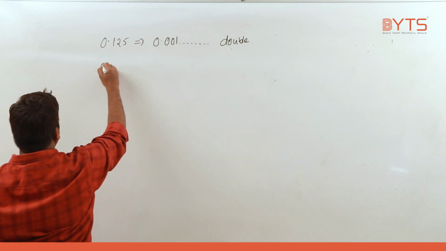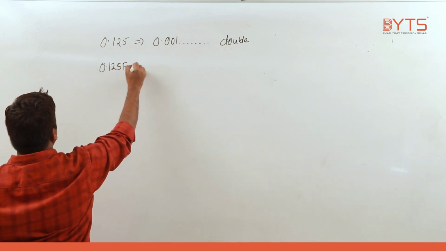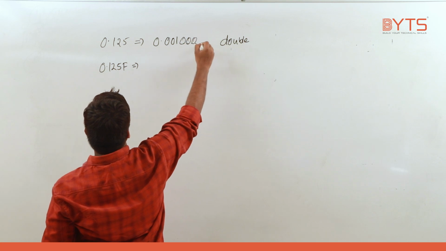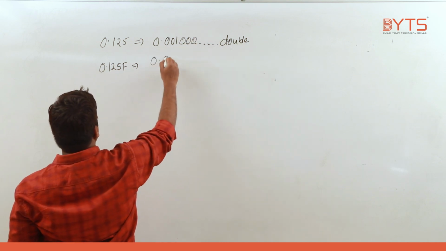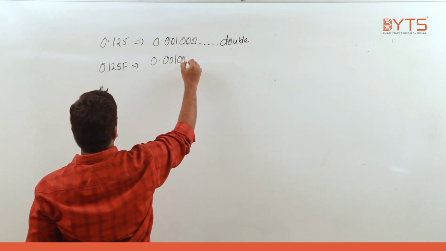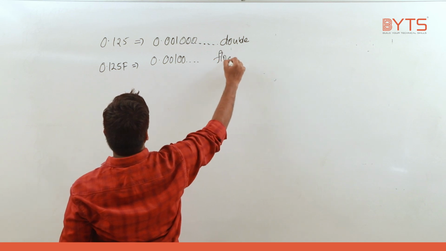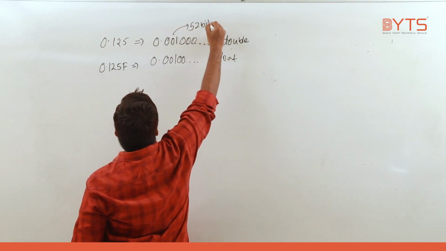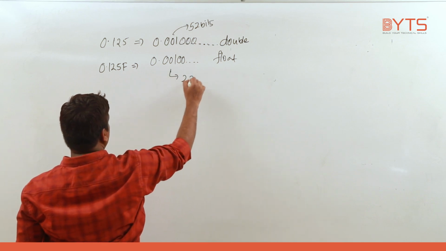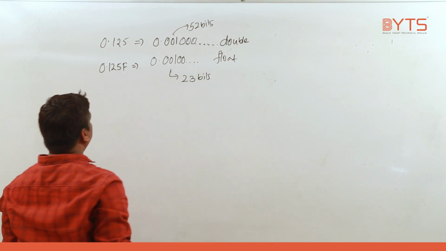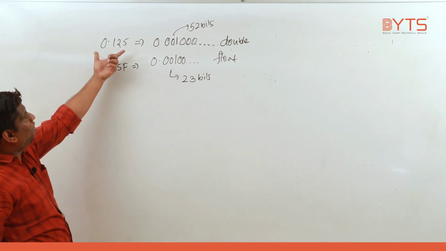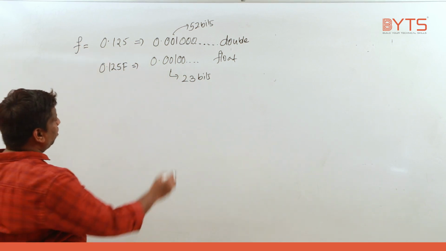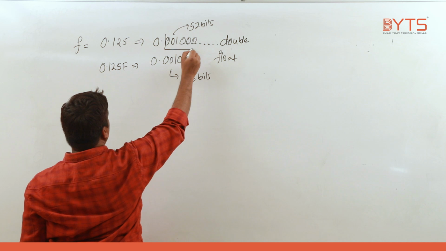And 0.125f, anyway, here all zeros will be there. 0.001 and some zeros will be there here. This is float. This is in how many bits? 52 bits. This is how many bits? 23 bits. Well, when you assign 0.125 into f, the first 23 bits are copied.